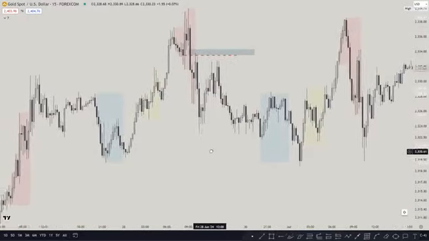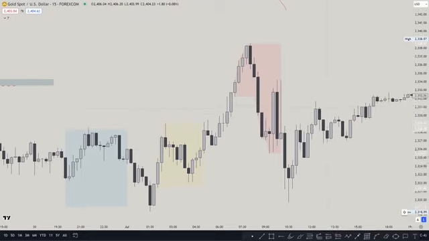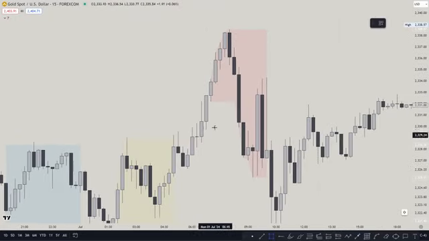So this is a perfect example to ensure understanding. Look at how many times we have a balanced price range and it's respected very accurately. What we had is a fair value gap to the upside, another fair value gap to the upside, and then no fair value gap here. On this side, we have a very small fair value gap, but then another big one here. In this big one, we look for the overlapping of two fair value gaps.